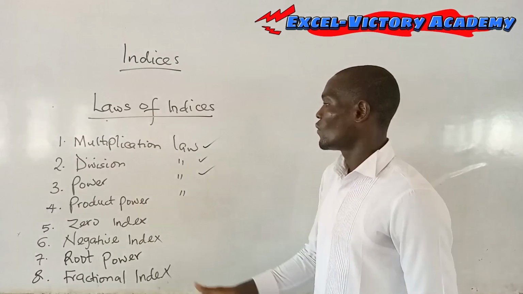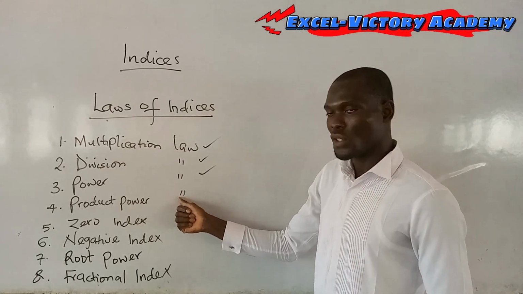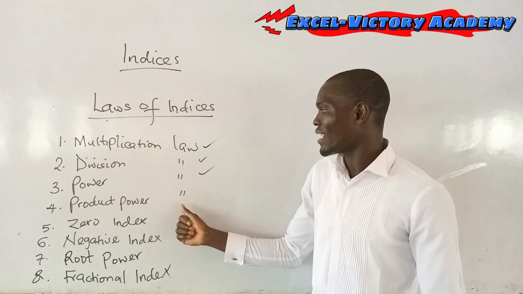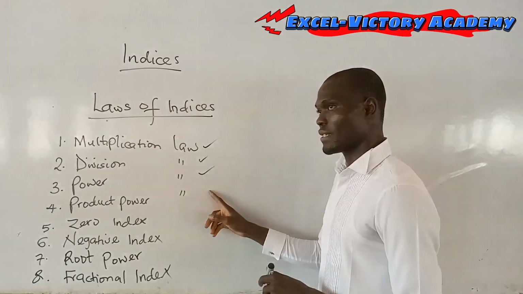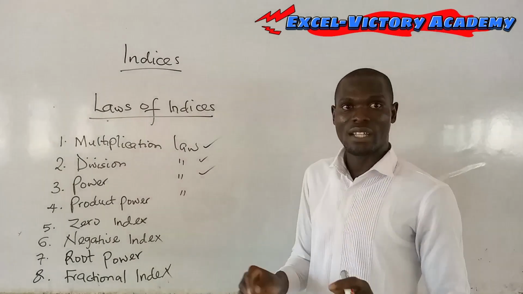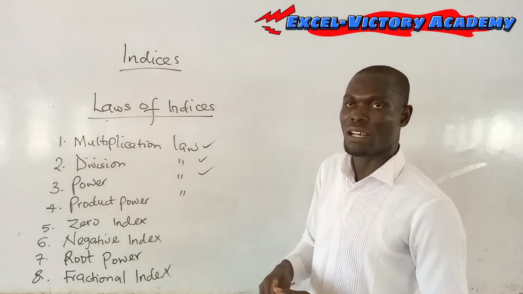Alright, for product power, the law states that when products of different factors are raised to a certain power, perhaps in a bracket, the power is distributed over each of the factors that are in that bracket.